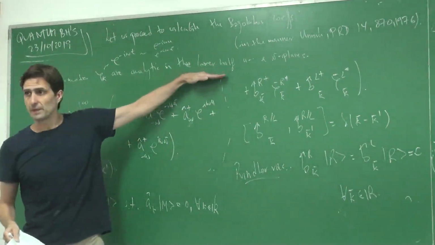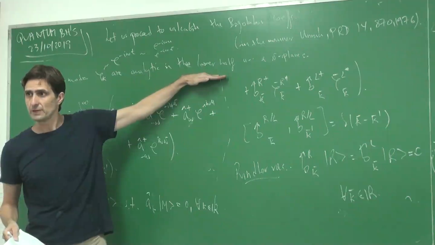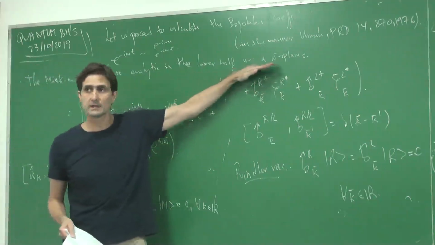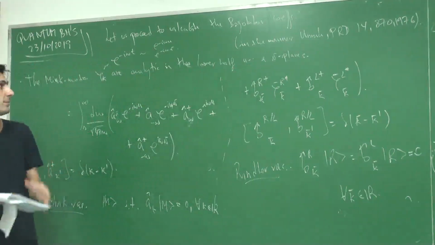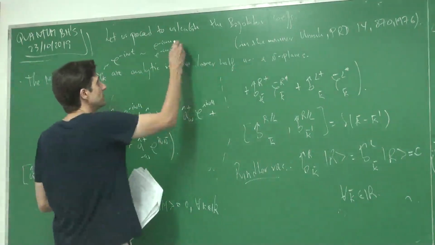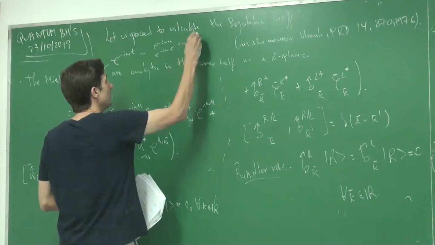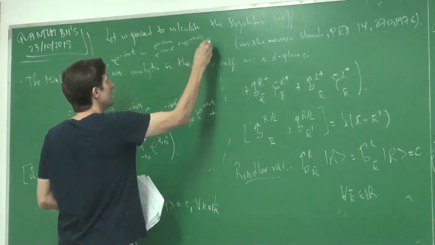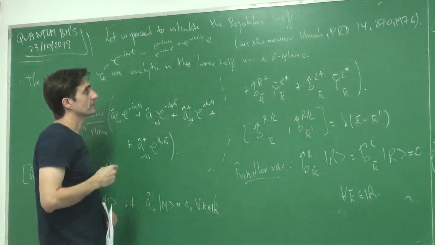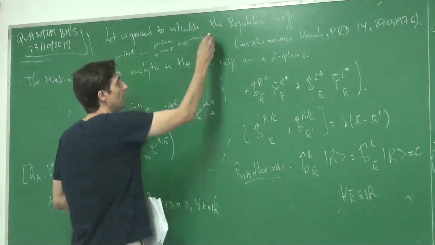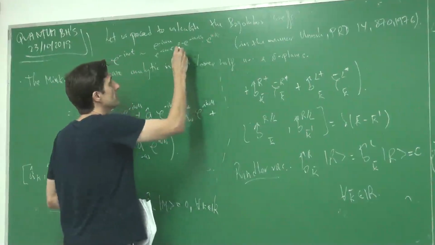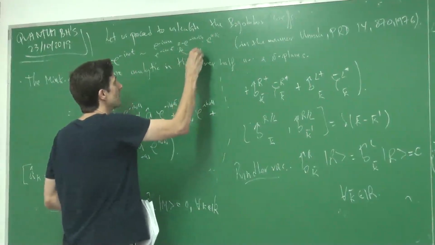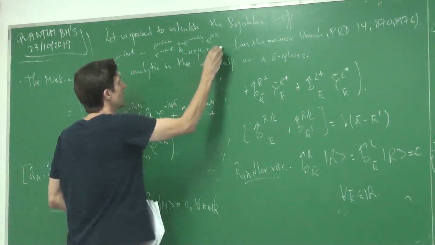Lower half means negative imaginary U, negative imaginary V. So suppose that U and V have got a real part and an imaginary part. That's exponential of minus i omega times the real part, exponential of omega times the imaginary part. So U equals a real part plus an imaginary part.